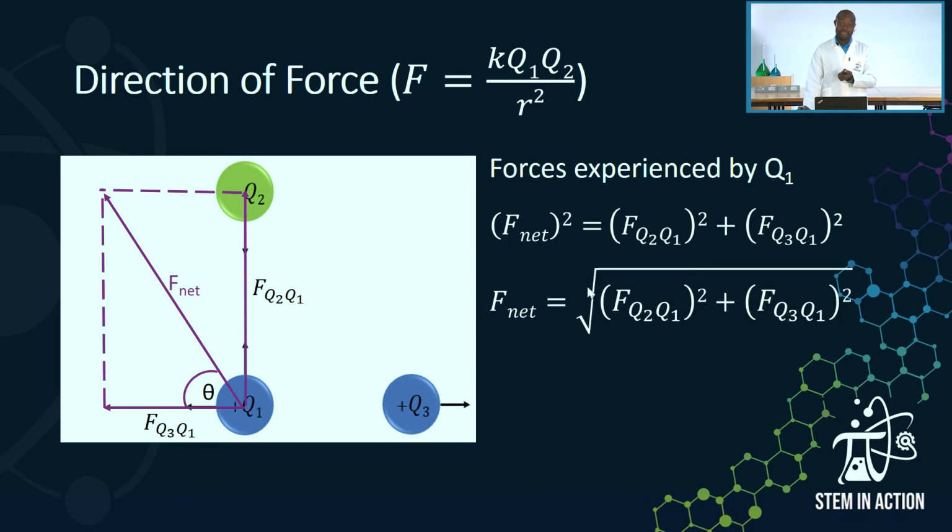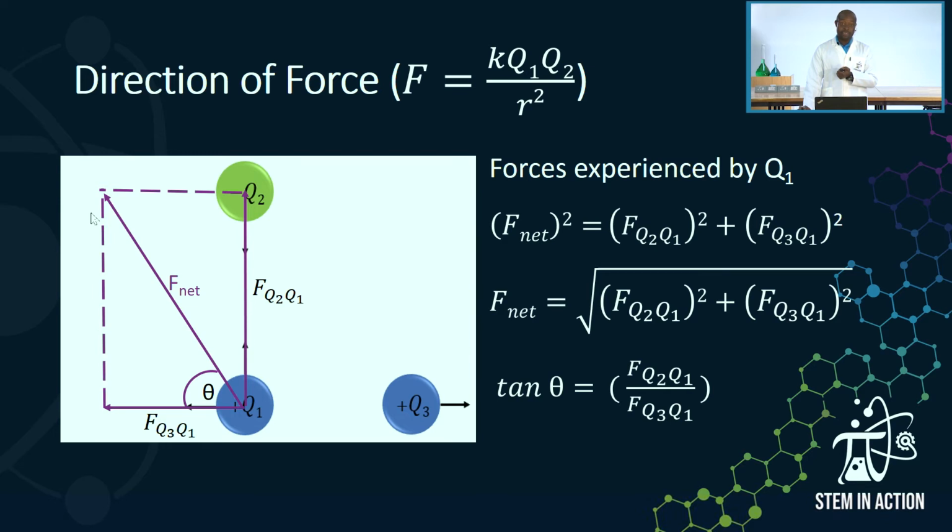And from this, we can rearrange it to say F net is equal to the square root of F_Q2Q1 squared plus F_Q3Q1 squared. And if you want to find the angle here, we will simply have to say the opposite over the adjacent.